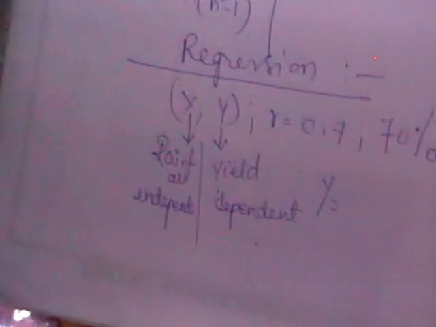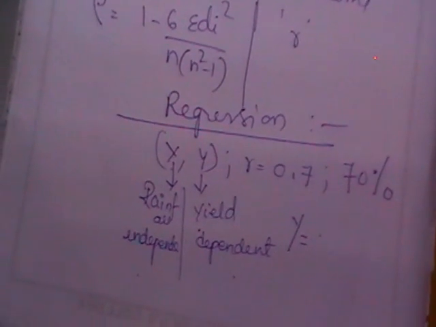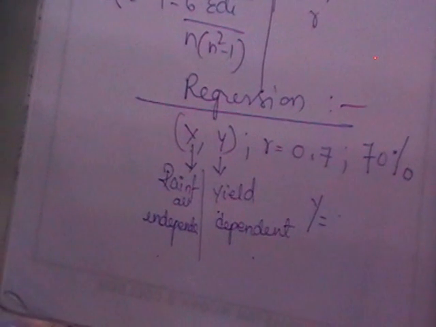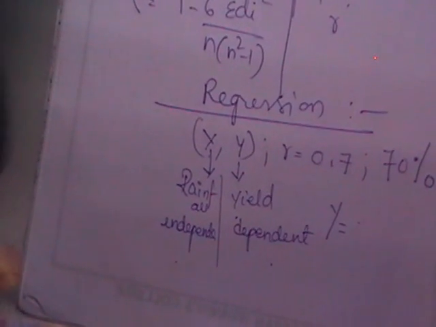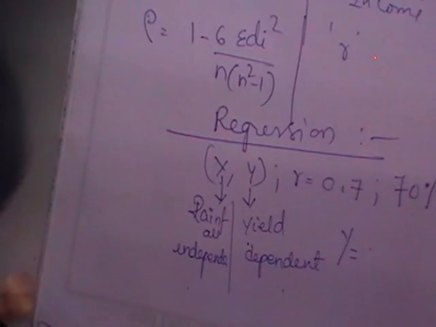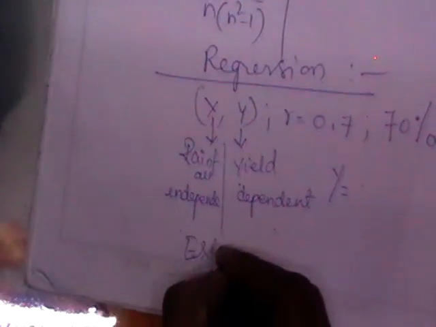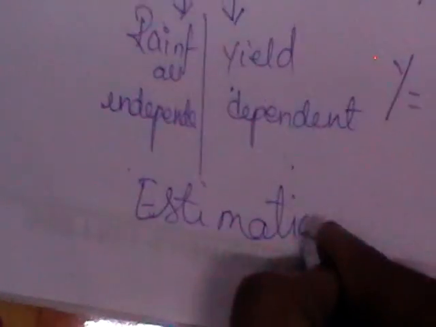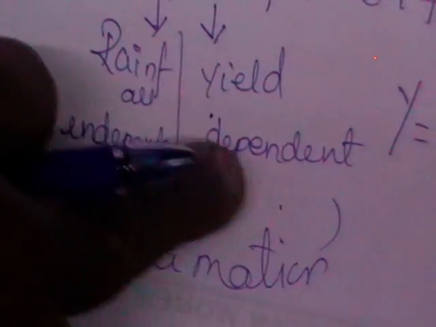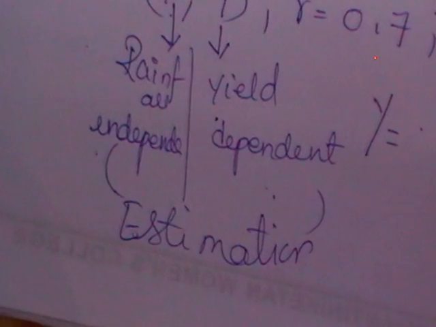If there are two variables, or more in multiple regression, we identify one variable as independent and the other as dependent. Because of this identification, estimation is possible. So when the amount of rainfall is given, you can estimate the value of yield.